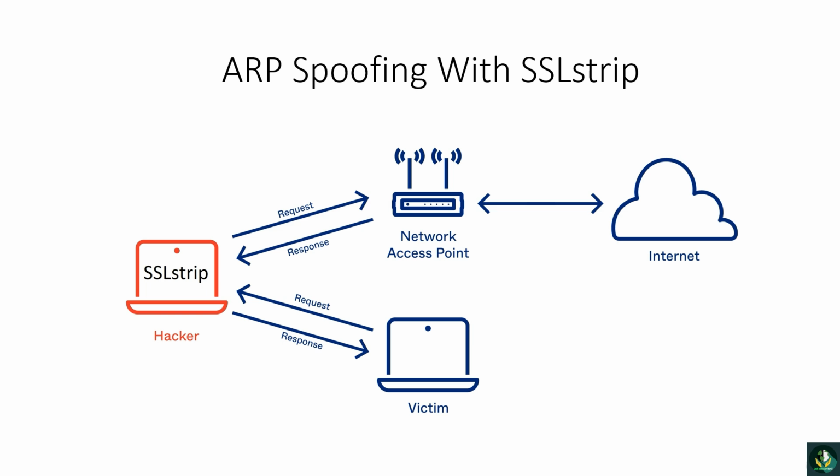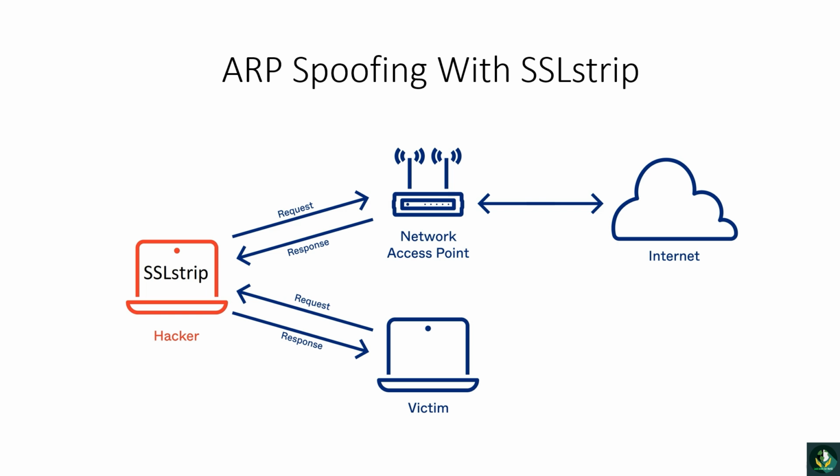Now here's where SSL strip is smart, because it's going to keep track of all the websites that have sent the HTTPS response. So even though the victim is going to send an HTTP request when it communicates with bbc.com, SSL strip knows that bbc.com likes to communicate over HTTPS.